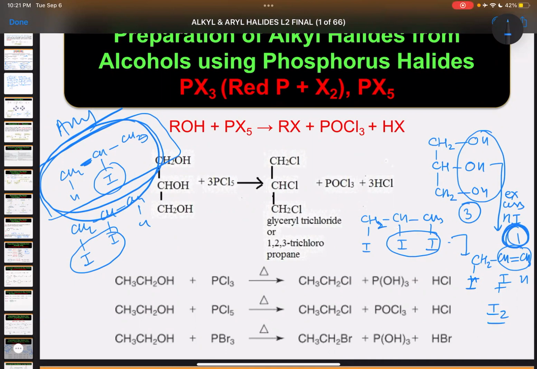Right? And 1 mole was consumed here. Right? Yes, sir. So totally how many moles of HI got consumed? Sir, 5. Yeah, total 5 moles.